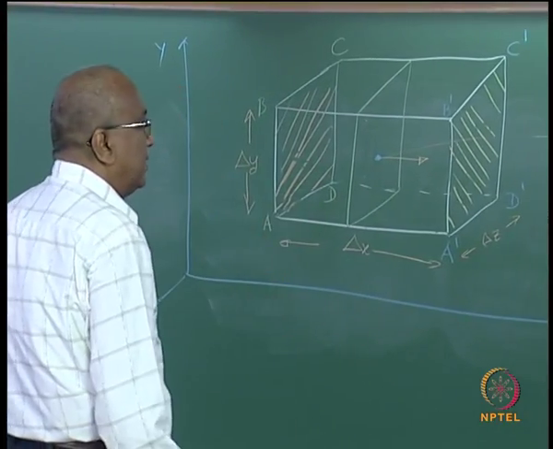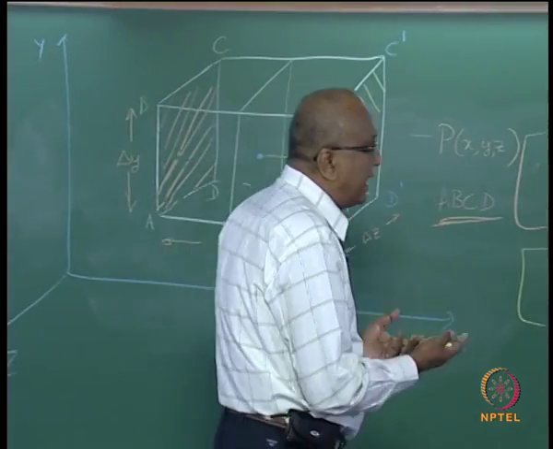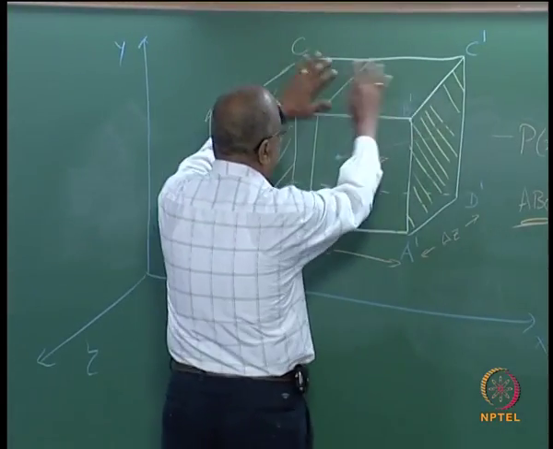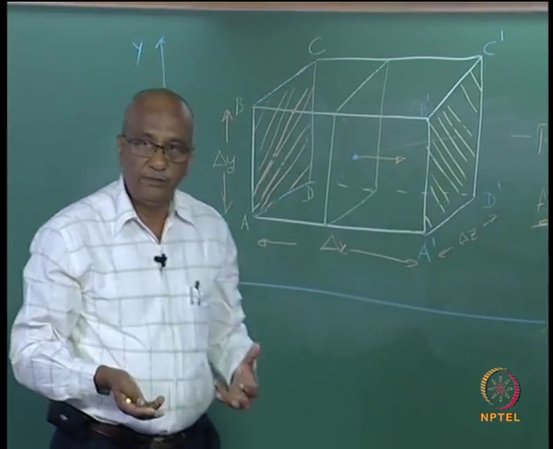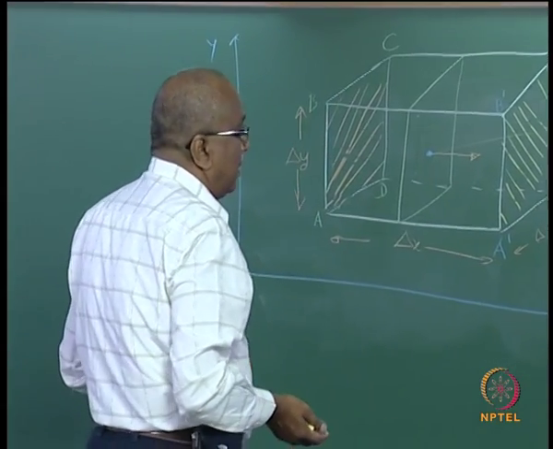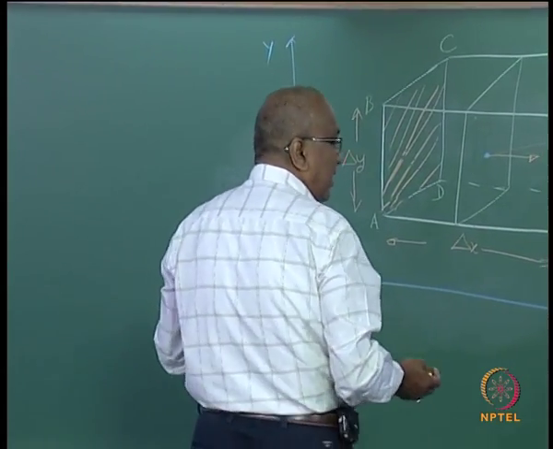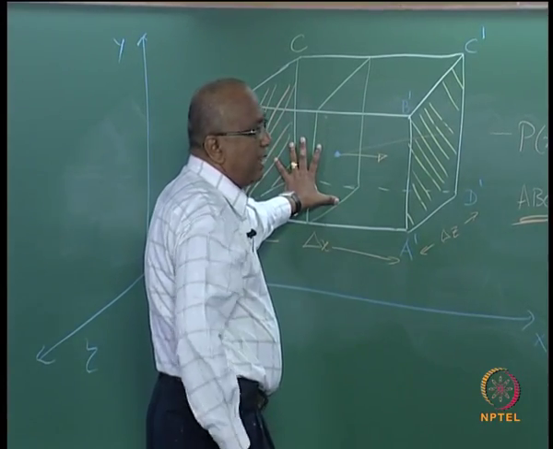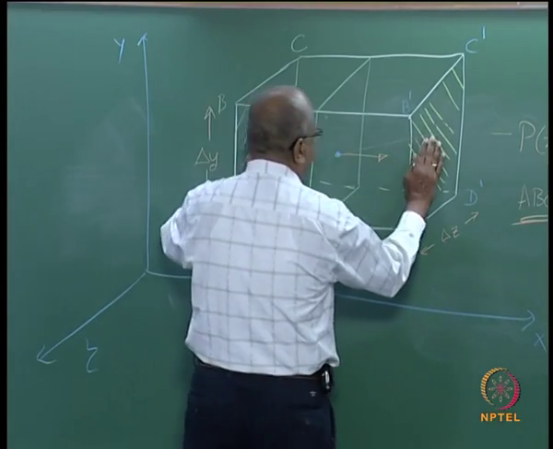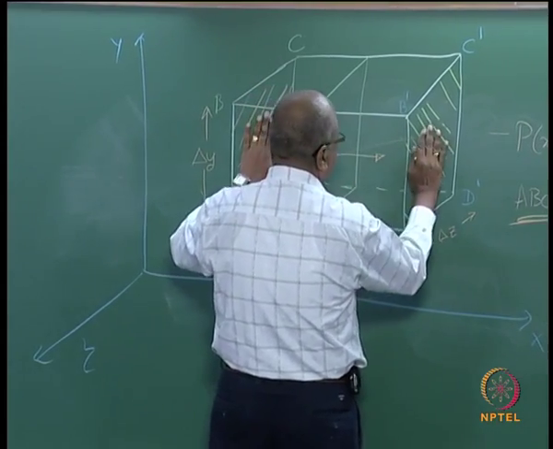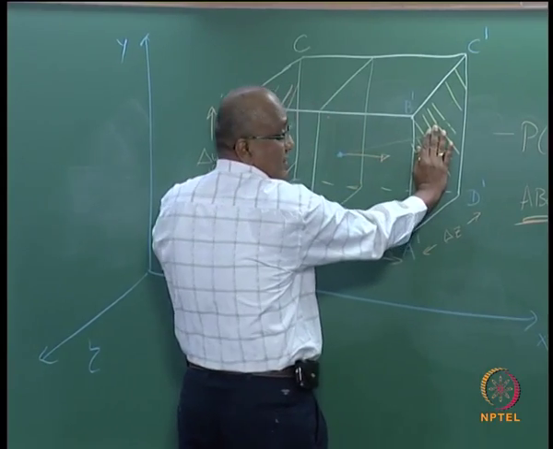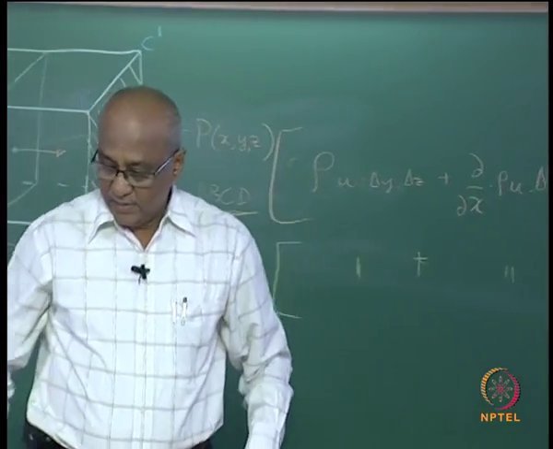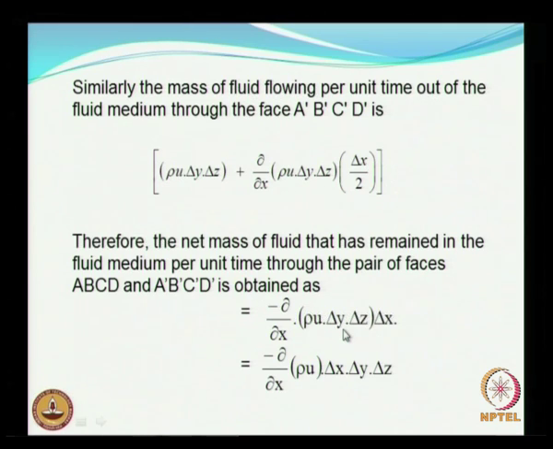Now having established that, we need to get the net mass of fluid that has remained in the fluid medium. After all, we are considering this as a fluid medium. And what is the net mass of fluid that has remained in this fluid medium per unit time through this pair of faces, because we are taking only these two faces. So that will be this minus this, then you will get as shown here.